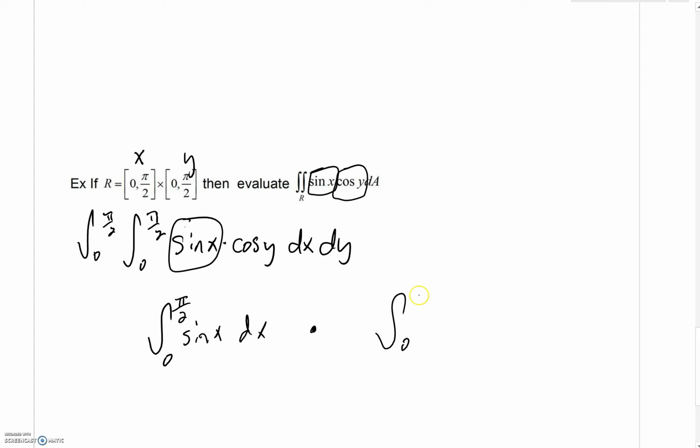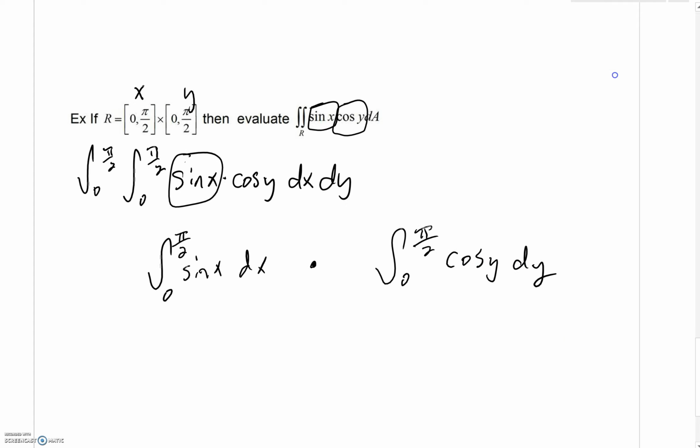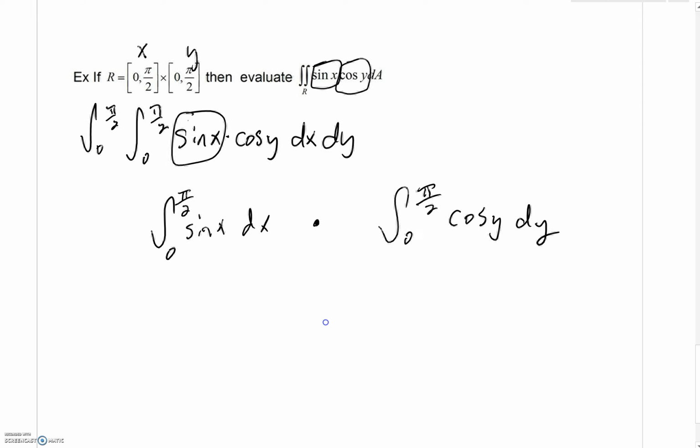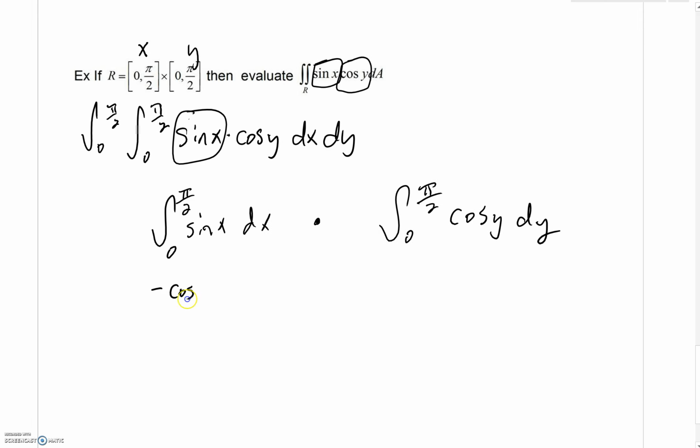And then we'll go from 0 to pi over 2, also the y boundaries of the cosine of y dy. Right now, this becomes really just a Calc BC problem where you work those two parts out separately and multiply them together.